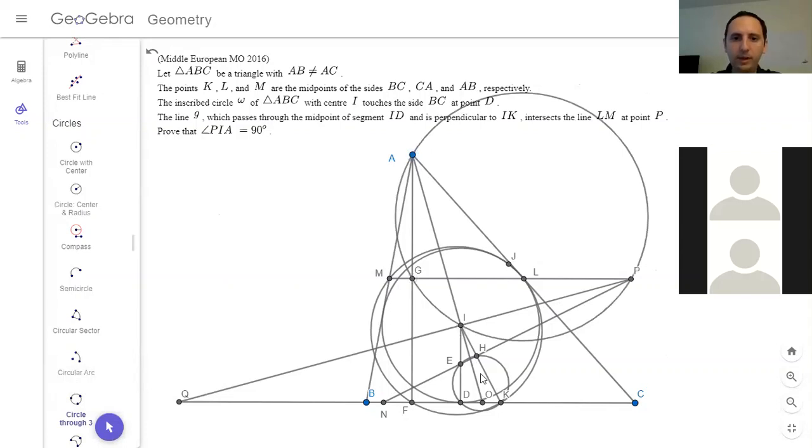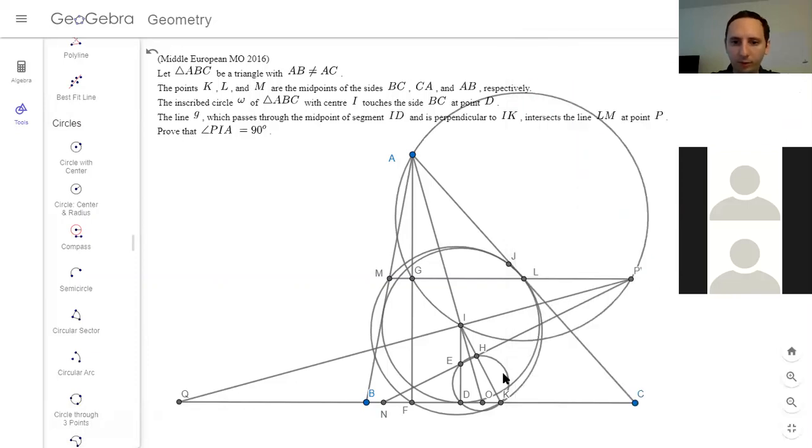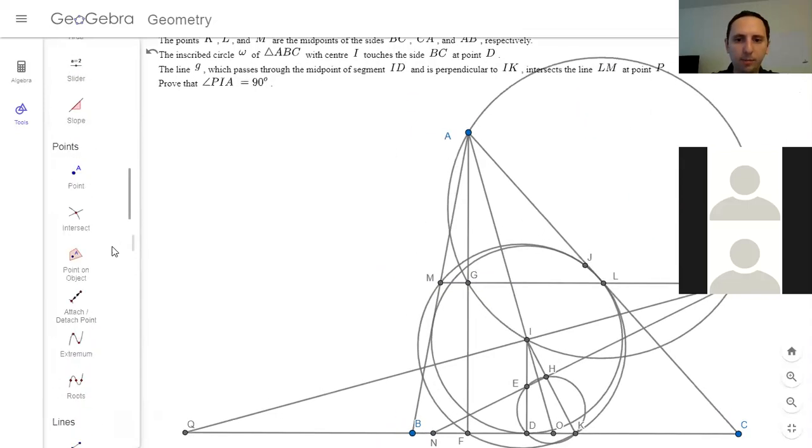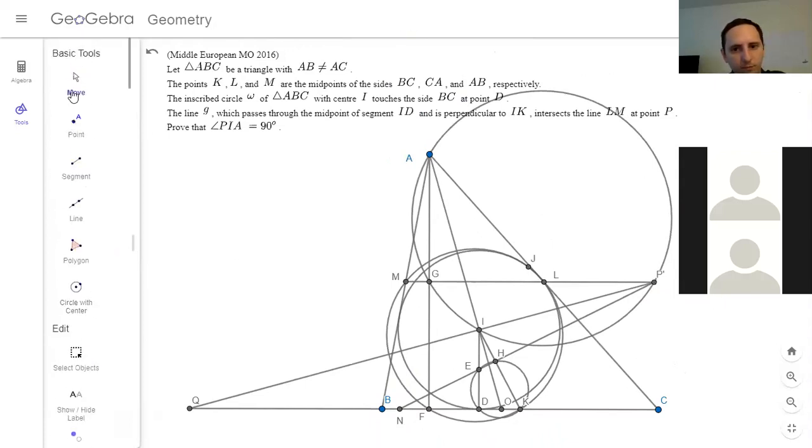So define P like that, or call it P prime, let's say, so we don't forget. And then we want to show EP prime is perpendicular to IK. I like that better, although it doesn't mean the other way couldn't work.